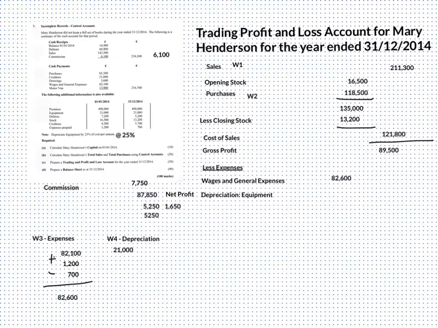So we just need to take 25% of that, and that equals 5,250. So we have 5,250. So I'm going to bring that one there. Sorry, wrong figure, 5,250. So all we need to do now is add these two figures together to find our total expenses.